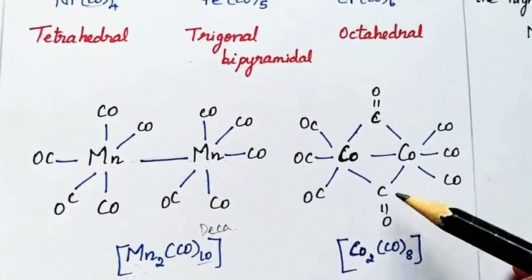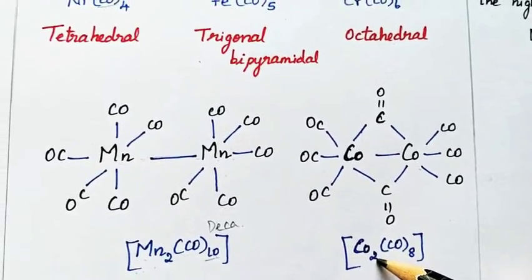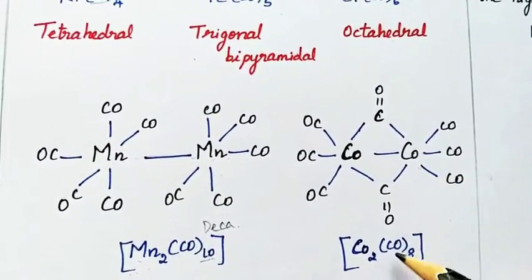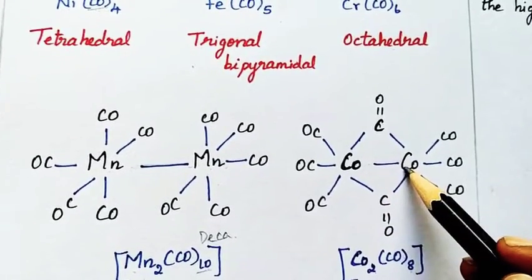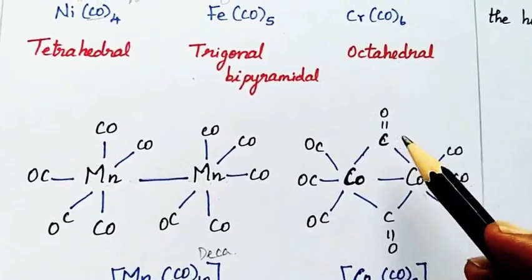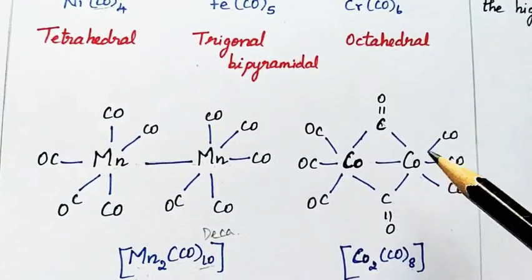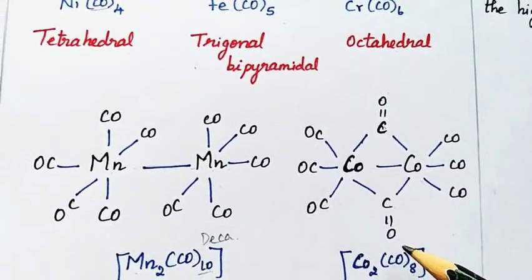And the next example is octacarbonyl dicobalt 0. Here 2 cobalt atoms are linked by a cobalt-cobalt linkage, as well as bridged by 2 carbonyl groups, so here one carbonyl and here one carbonyl.